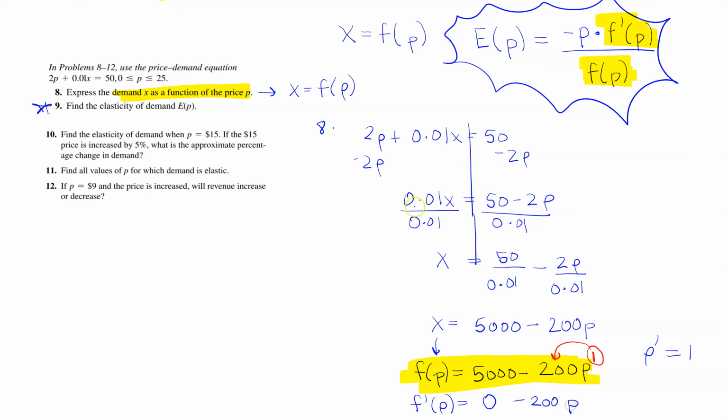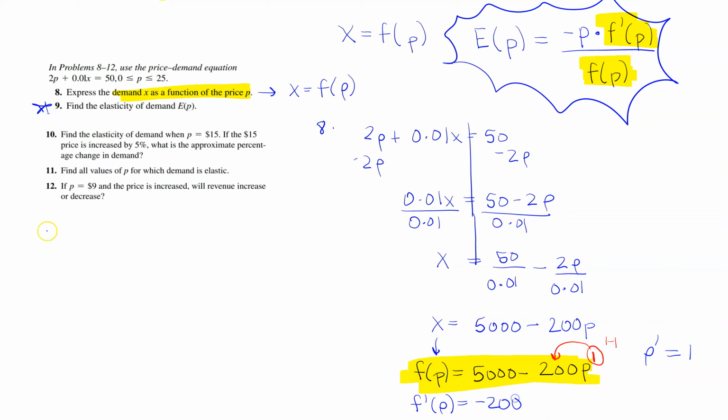I rewrite my base. I decrease that exponent by 1, so now my exponent's going to be a 0, and I tack on the derivative of the base. But again, any non-zero base to the 0 power is going to be 1, and p prime is also going to be 1 since p is an input variable. So 0 minus 200 times 1 times 1, that just means that my f prime of p is going to be negative 200. So I'll go ahead and write that down there.